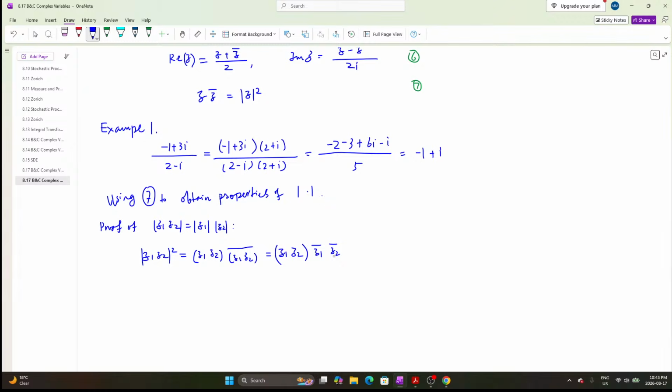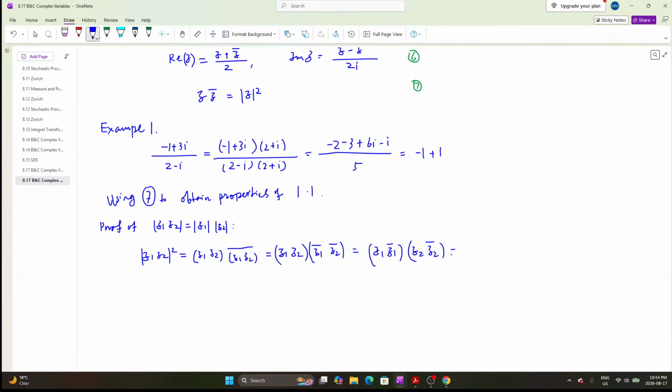All right, and let's use the commutative law, distributive law, and whatnot, and write this as z1 times z1 modulus, sorry, z1 times z2 conjugate, my bad, times z2 conjugate.